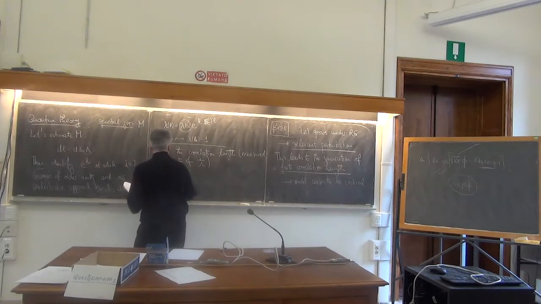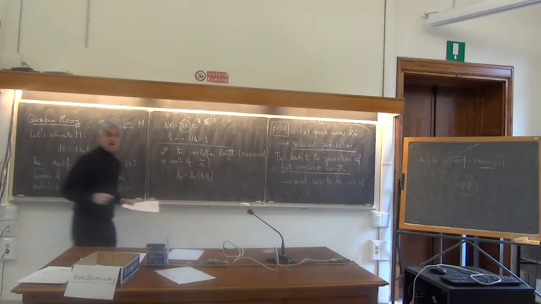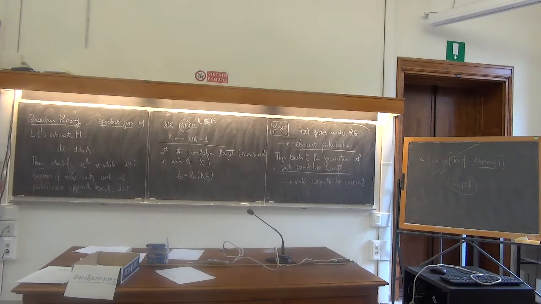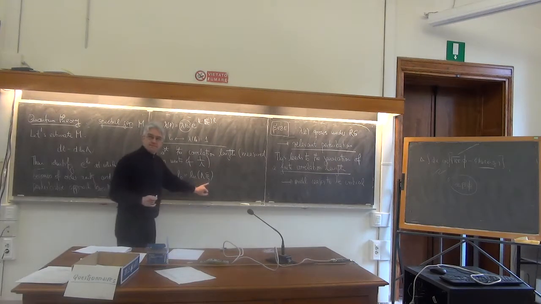So in other words, we say L naught is log lambda times psi, where psi is now our finite correlation length. So the basic idea is, okay, so what the relevant perturbation does is it generates a length scale. That length scale is psi.